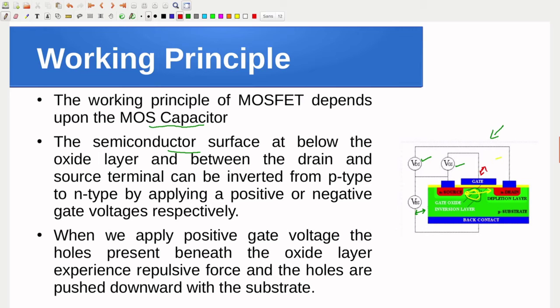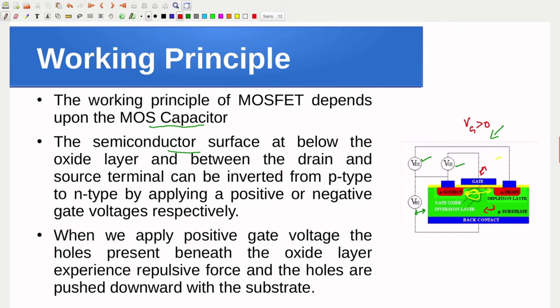If you remember, inversion happens when VG is very much greater than 0, if you remember the MOS capacitors. This is the case of P substrate. If it was N substrate, the inversion happens when Vg is much less than 0.